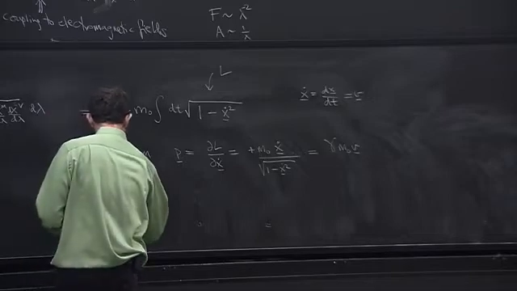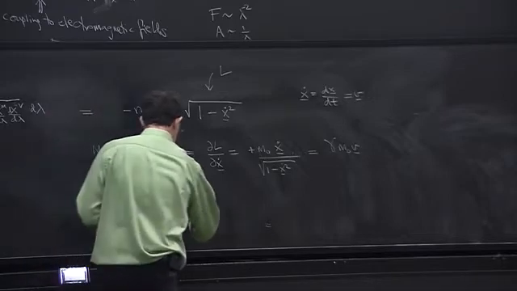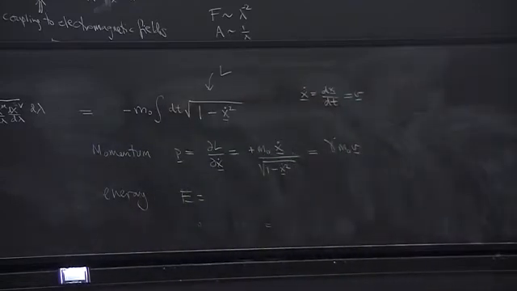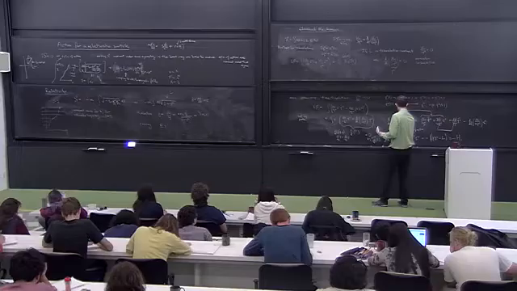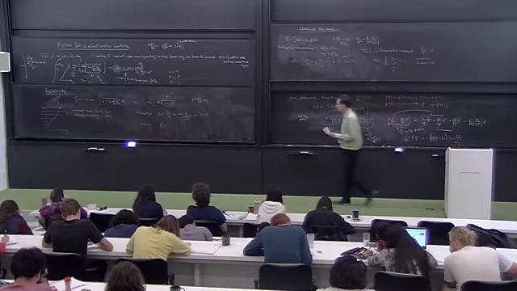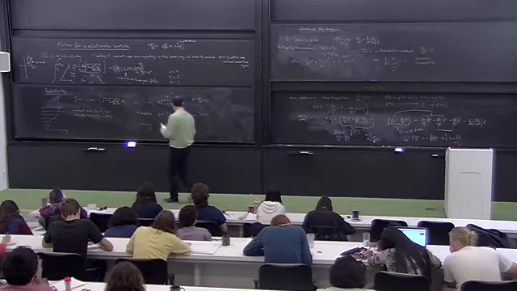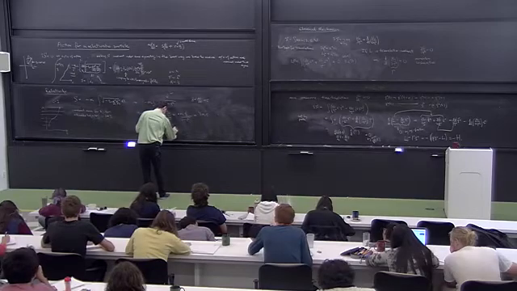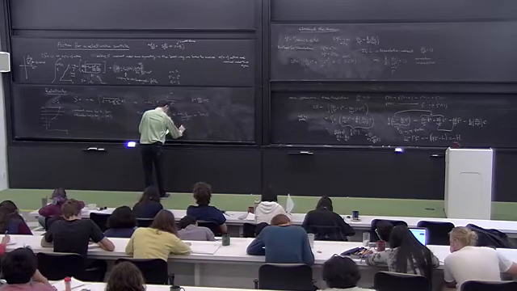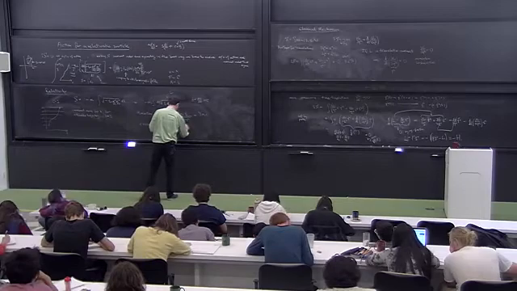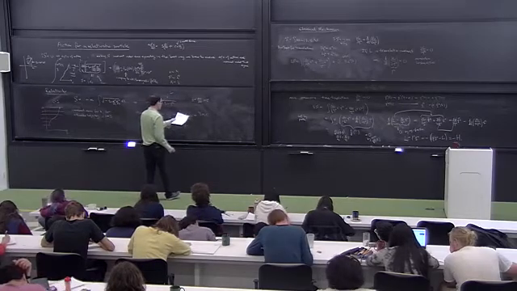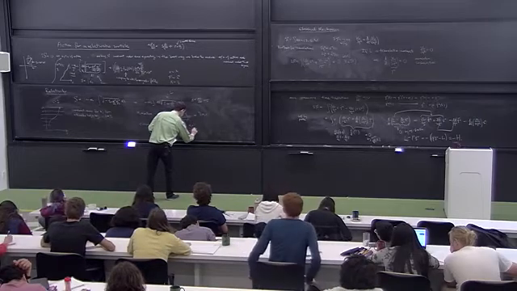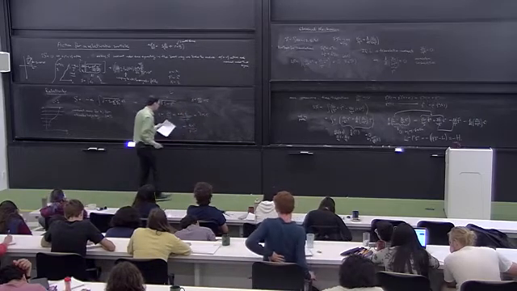The energy, E, by the same argument, the energy is precisely this quantity, or actually with the minus sign. So the energy is dL dx dot times x dot minus L. And so this is equal to m naught x dot squared over square root 1 minus x dot squared, just using this line.